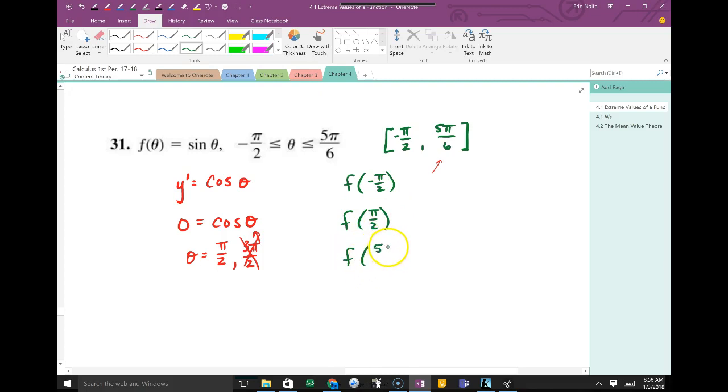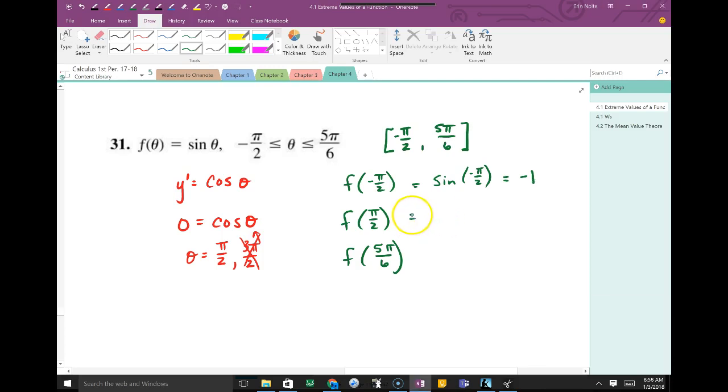Remember we're plugging this back into our original, so we're working now back with the sine. So if you're looking at the sine, is your y. If you go to the angle negative pi over 2, which is straight down at 3 pi over 2, what is the corresponding y value on your unit circle? You go straight down 1 unit. Negative 1.